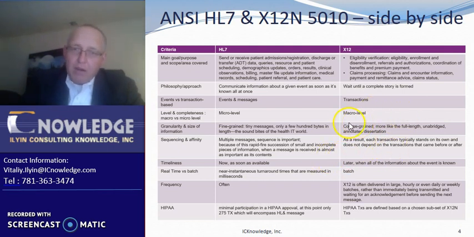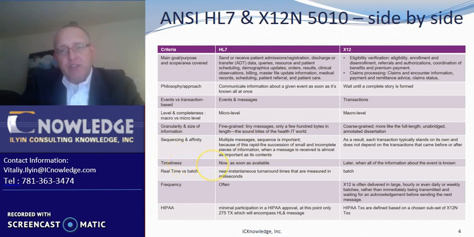X12 is macro level. Granularity: HL7 has fine-grained messages, tiny messages, only a few hundred bytes in length, called the sound bytes of the healthcare IT world. X12 is coarse-grained, so they're more like full-length, unabridged and annotated dissertations.